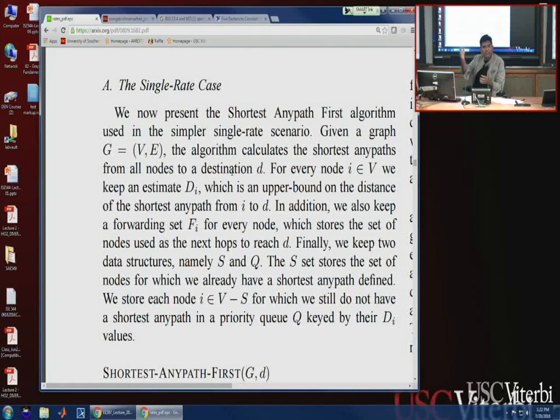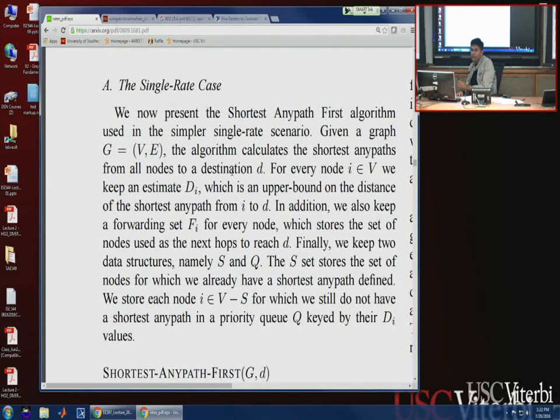You have a final node, and you ask what is the shortest path to this node from different sources. Just like Dijkstra's algorithm, but somewhat different in the implementation details, it's going to iterate and improve an estimate for the shortest any path from each of those nodes to the destination, iteratively improving them until you get the final solution.